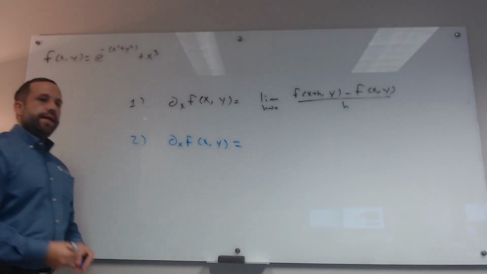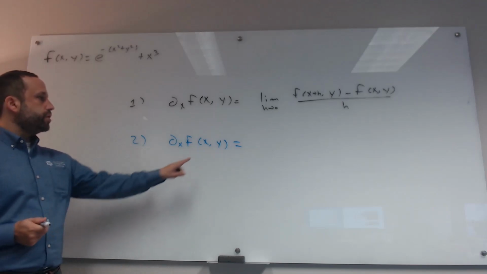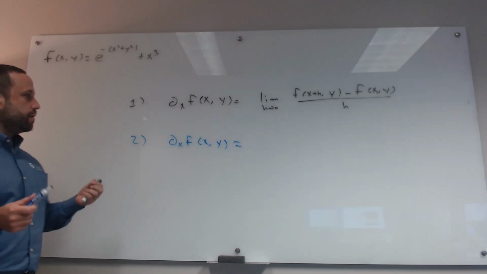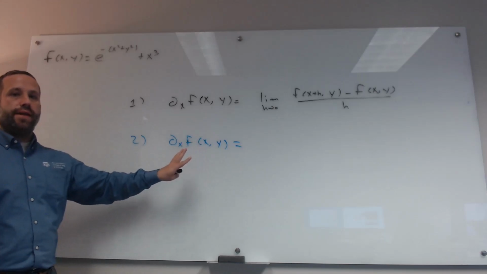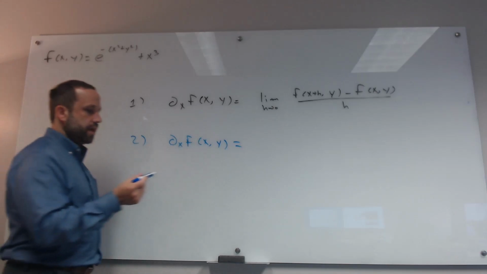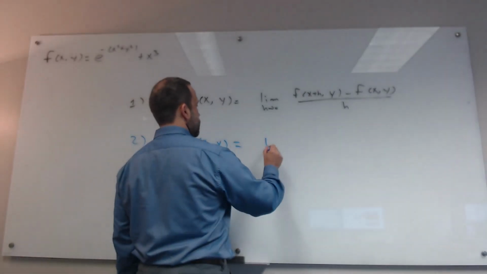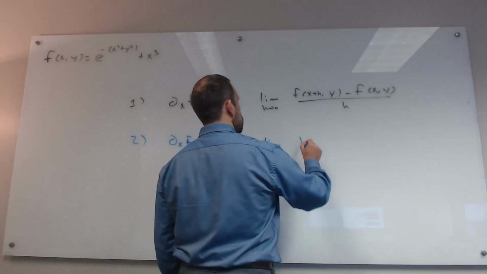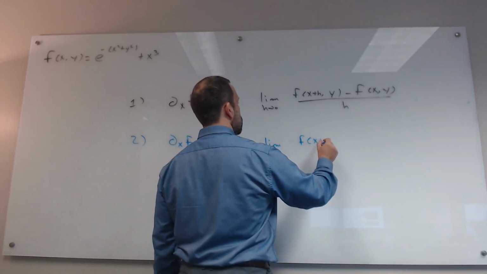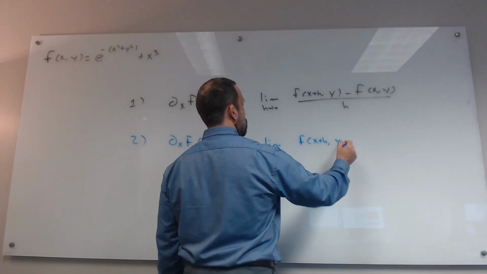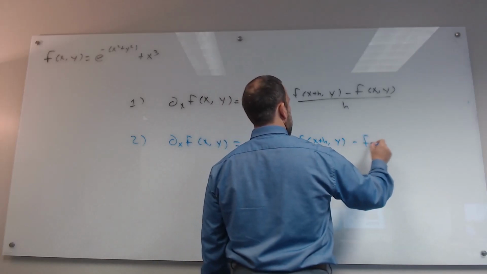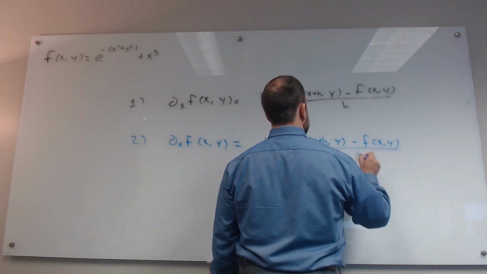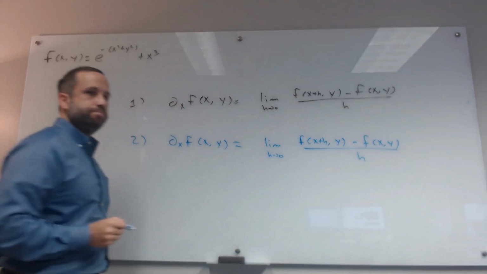Another thing it can mean is to do the difference quotient in the first argument. So I replace the first argument, whatever it is, with itself plus h. In this case, it's just x, and like I said, we get the same exact thing: the limit as h goes to 0 of f of x plus h, comma y, minus f of x, y, divided by h.